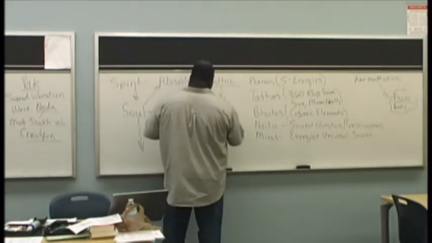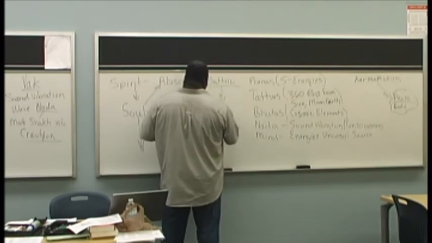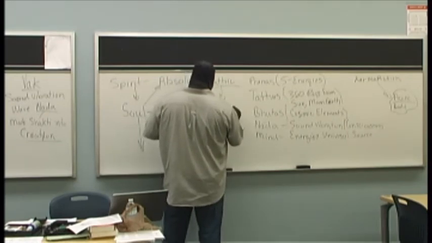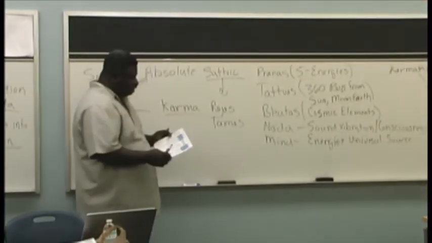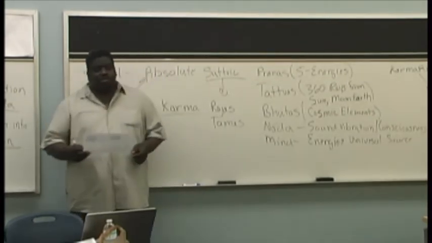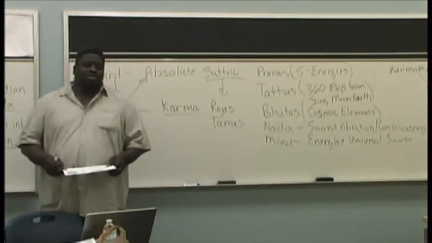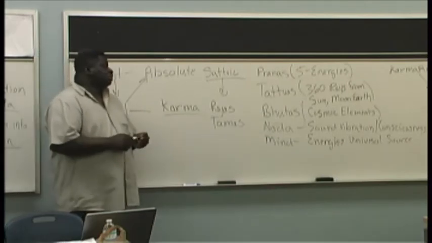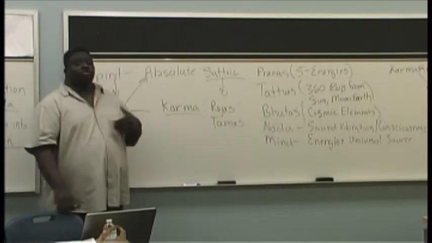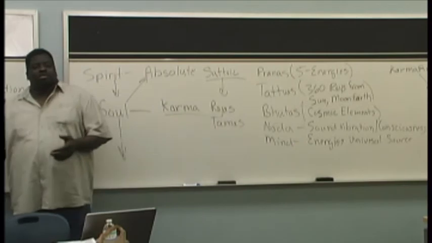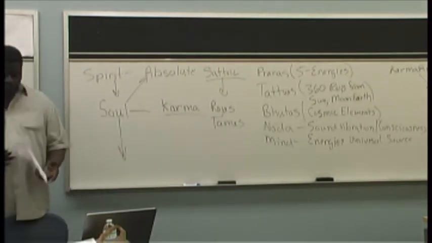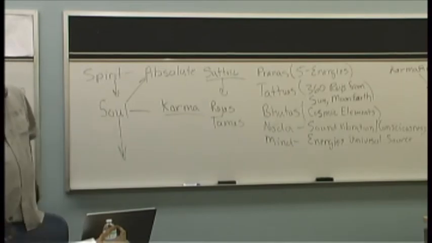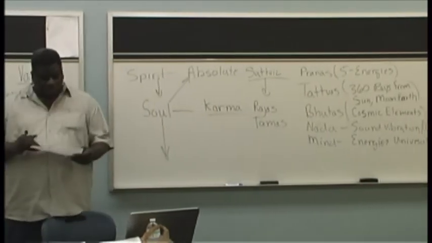And it pushed its consciousness down to the level of Rajas and Tamas, which is the level of desire, passion, and darkness, which is Tamas. All right? In order to begin to experience creation. Any questions?